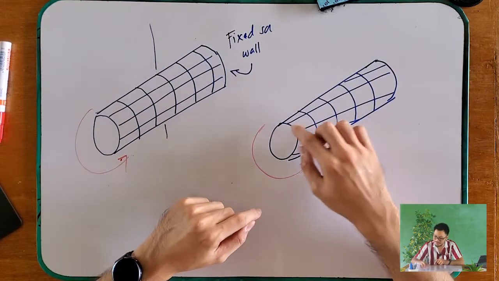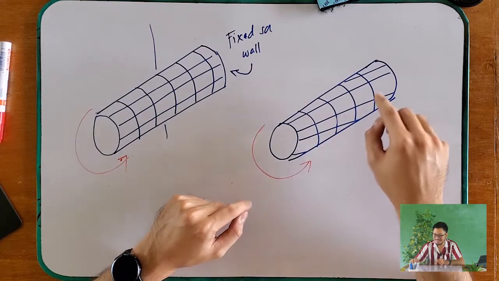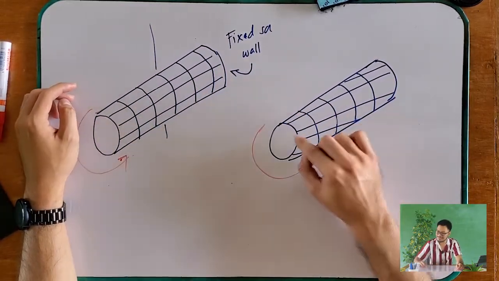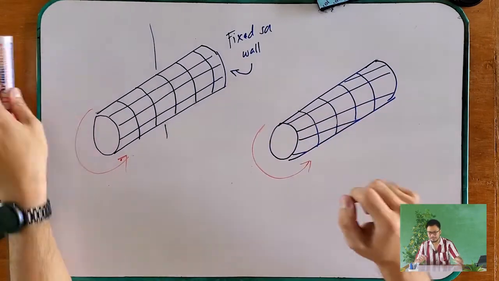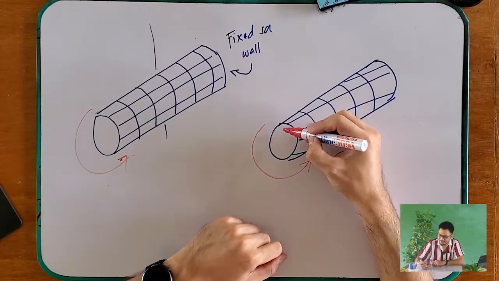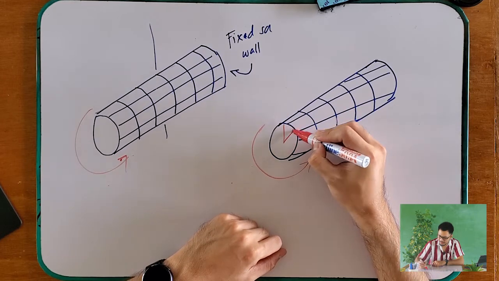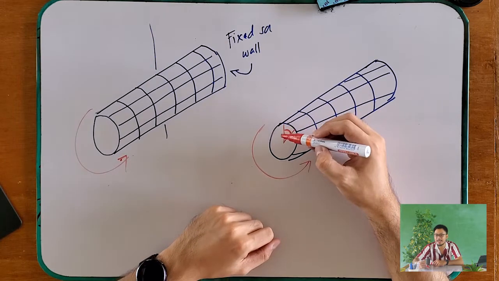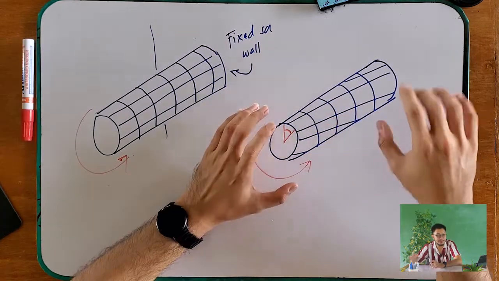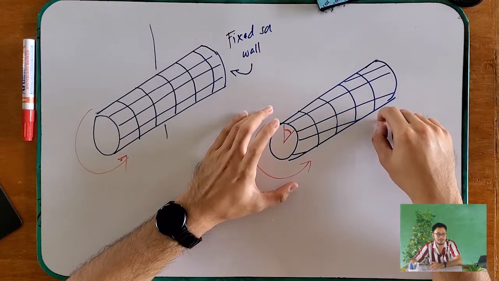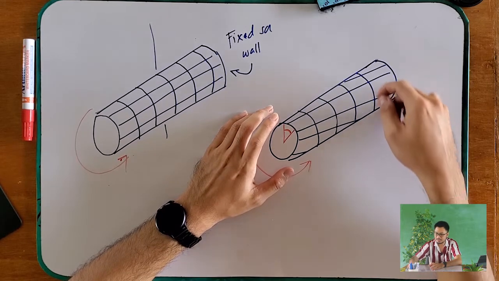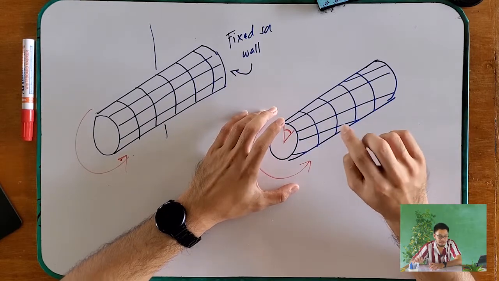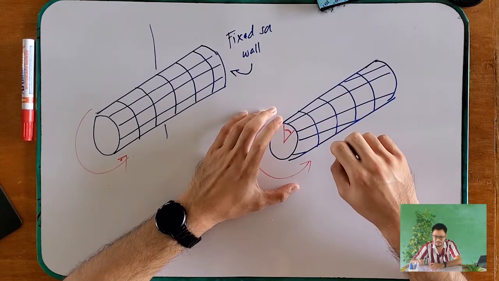But as you can observe, these longitudinal lines, instead of being horizontal, became slanted. And if we look at this section here, you can notice the change in angle. Okay? And also take note, the shape of the cross-section didn't change. These circles right here remain. Only the longitudinal lines twisted.